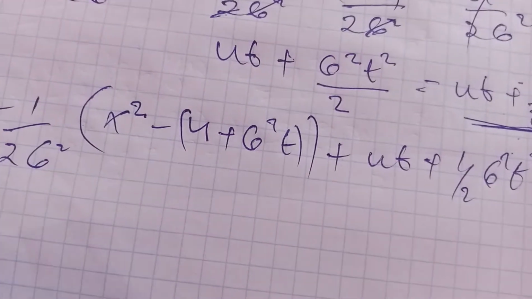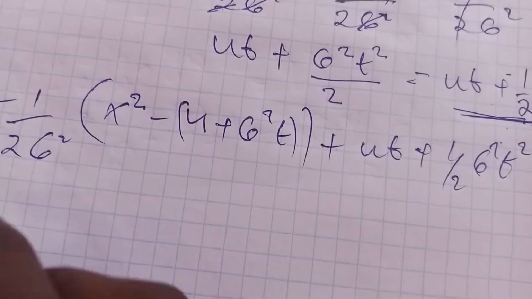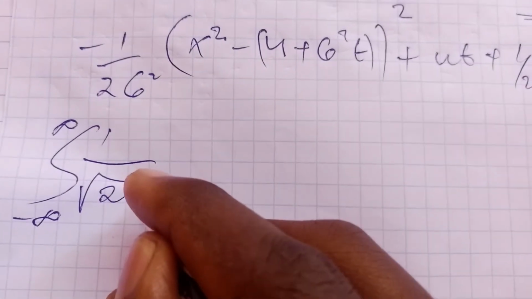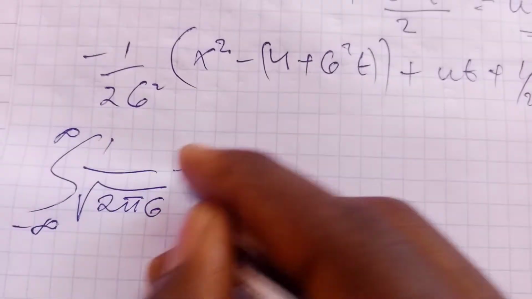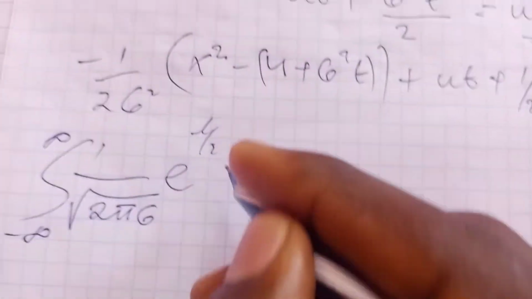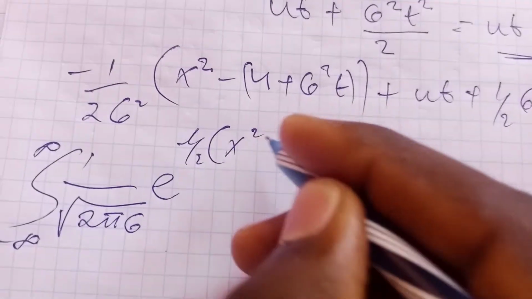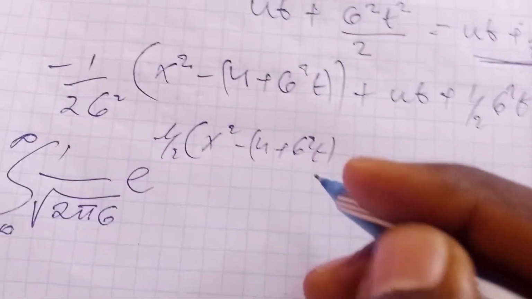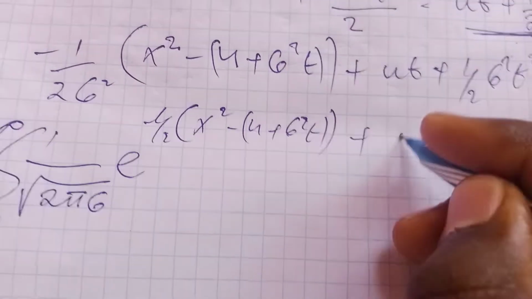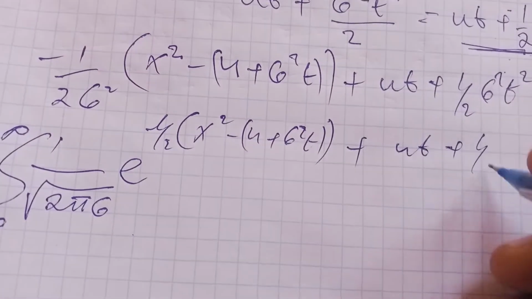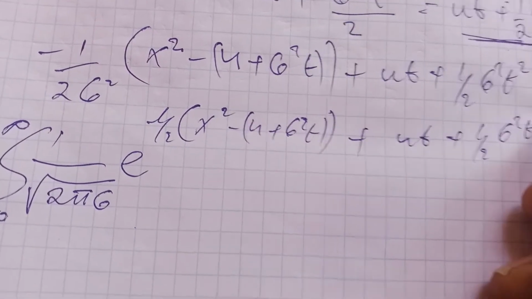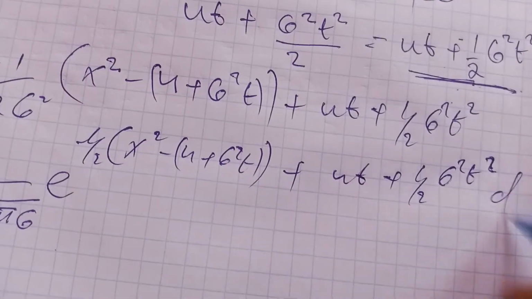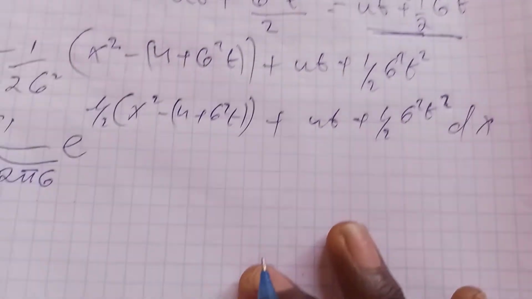So it will be the integral from negative infinity to infinity of 1 over root 2 pi sigma, e to the power negative half, x squared minus u plus sigma squared t, plus ut plus half sigma squared t squared, dx.